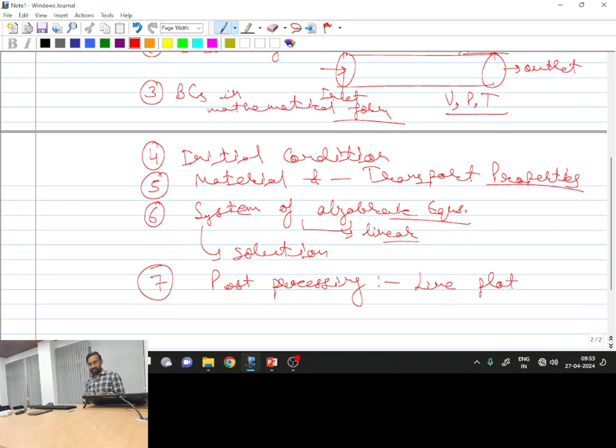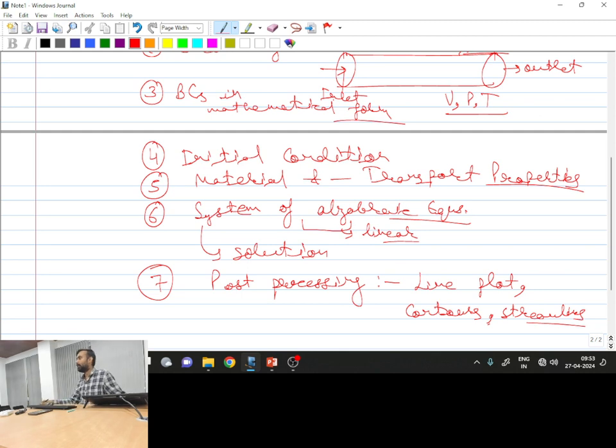You can plot contours of velocity. You can plot different things like streamlines, path lines. Once you have the knowledge of all the field variables, you can plot any parameter you want.